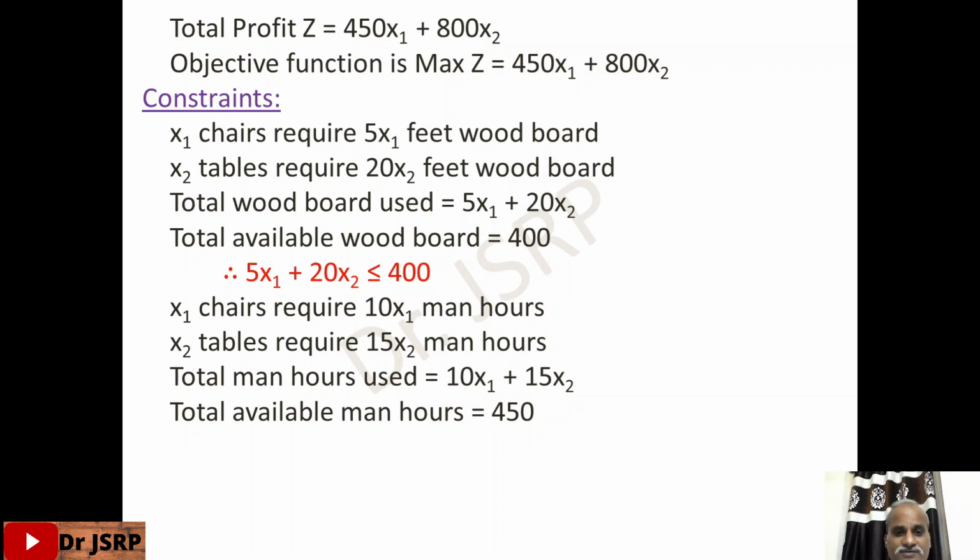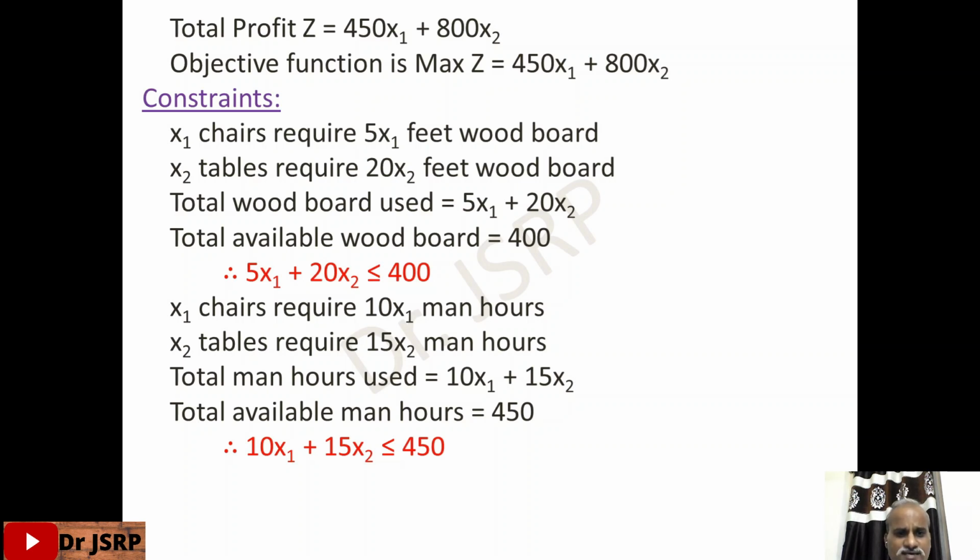Total available man hours is 450. So what is the relation between these two? The manufacturing company can avail a maximum of 450 man hours. So here also the relation is less than or equal to. So 10x1 plus 15x2 is less than or equal to 450.